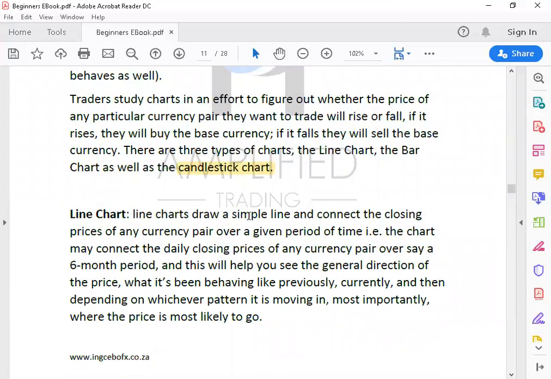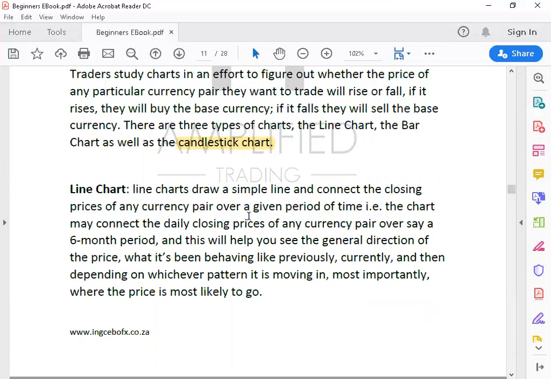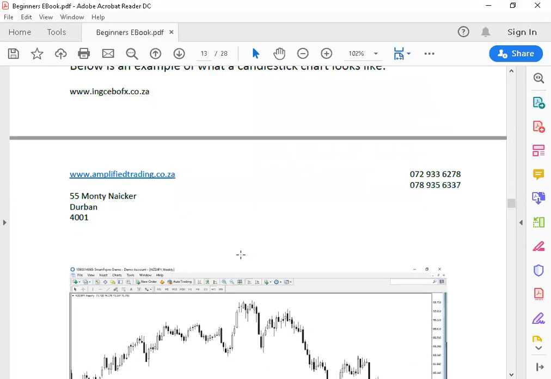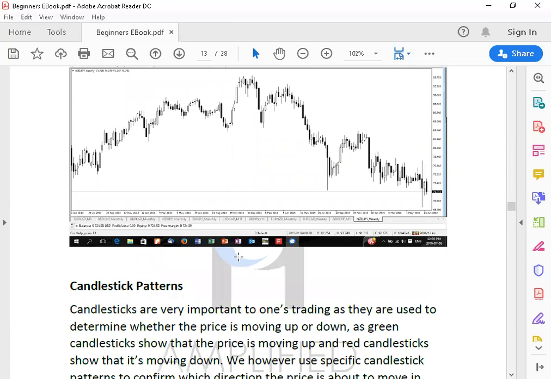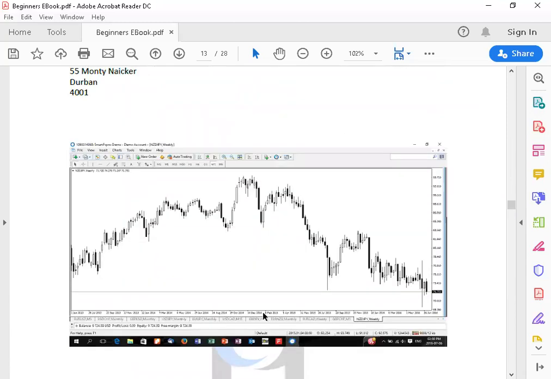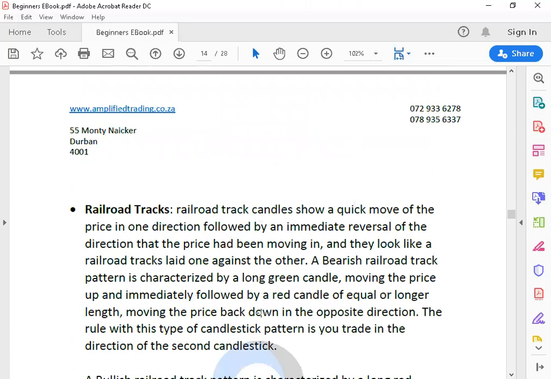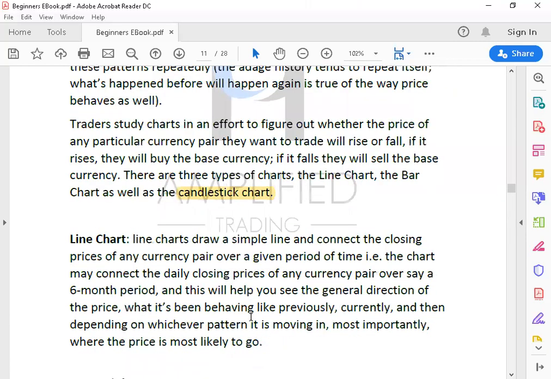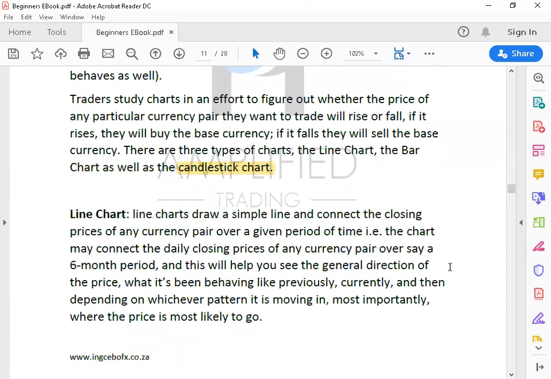Okay, now line charts draw a very simple line connecting the closing prices of any currency over a period of time. I think I had an example here. I'll need to open up the second document. Let's just continue here, and then I'll show you guys those examples that I actually have there.